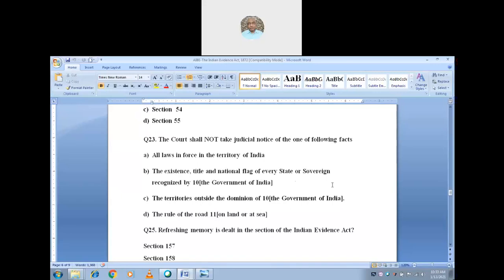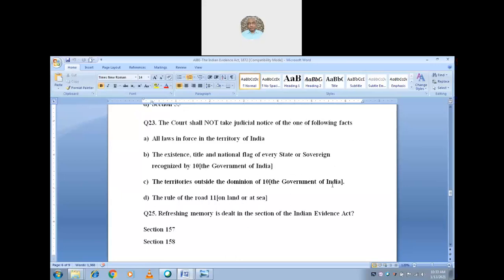Among the four, the one that is not is the territories outside the dominion of the Government of India. Territories inside the dominion of India will be considered, but outside will not be considered for judicial notice. The fourth one, the rule of the road on land and sea, will be considered judicial notice. Yes, there is a section also, but I did not ask for the section.